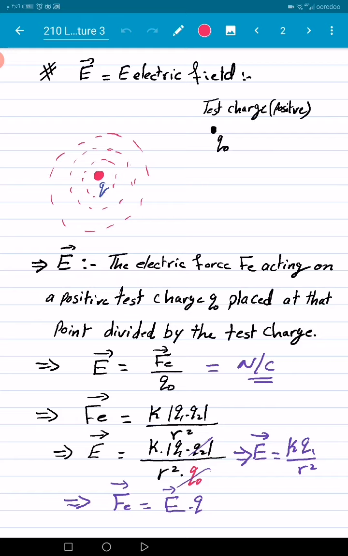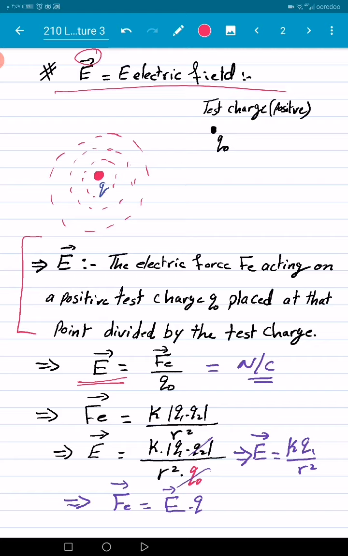Next, we discussed the electric field, and we said the electric field is the force acting on the positive charge when it is in its space or area. From this definition, the electric field, symbol capital E with an arrow, means it is a vector quantity.